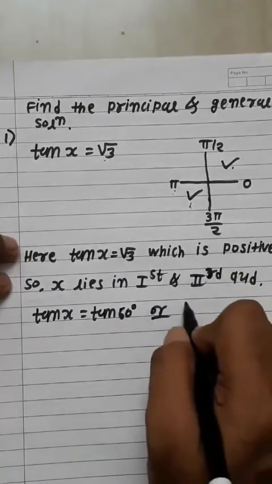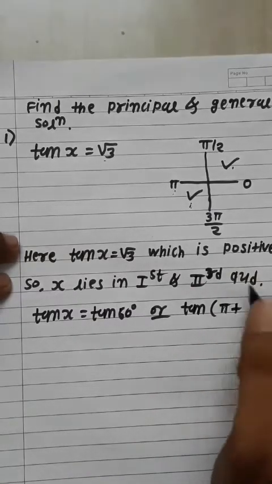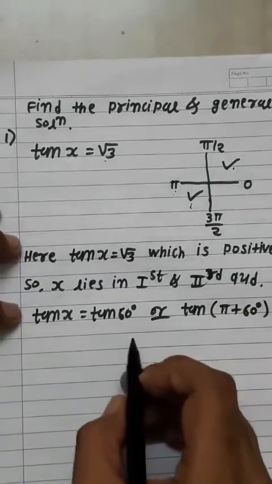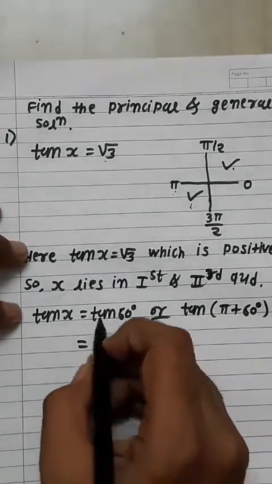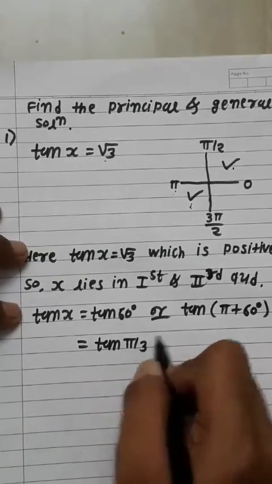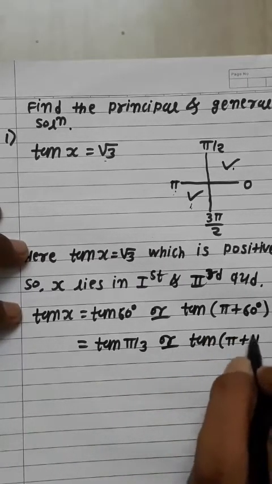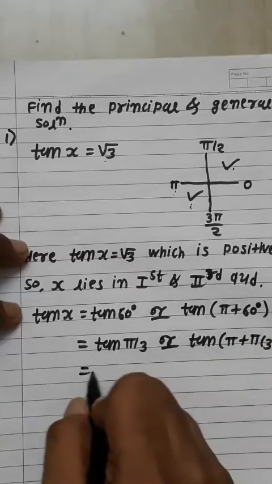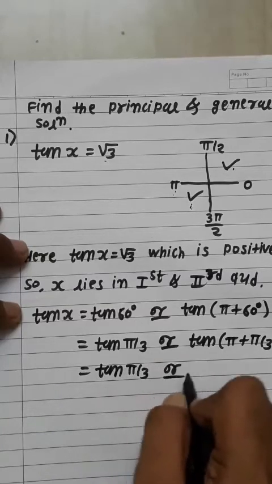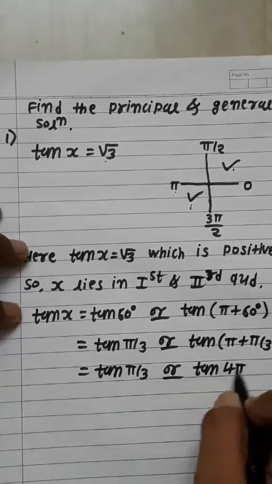So the second value is written as tan of (pi plus 60 degree), which is equal to tan 60, that means tan(pi plus pi by 3), which is equal to tan(4 pi by 3).